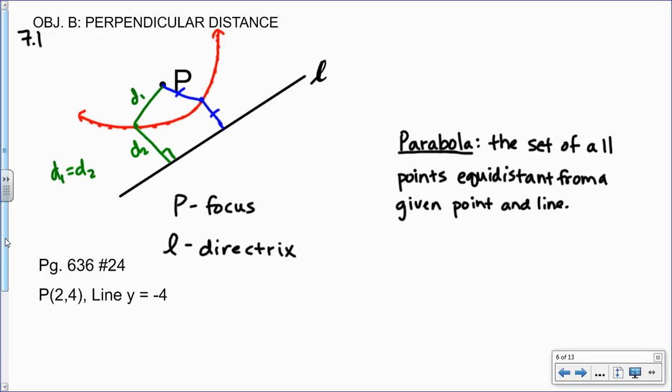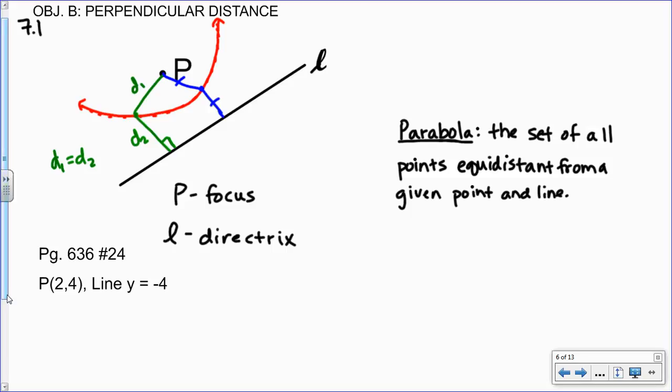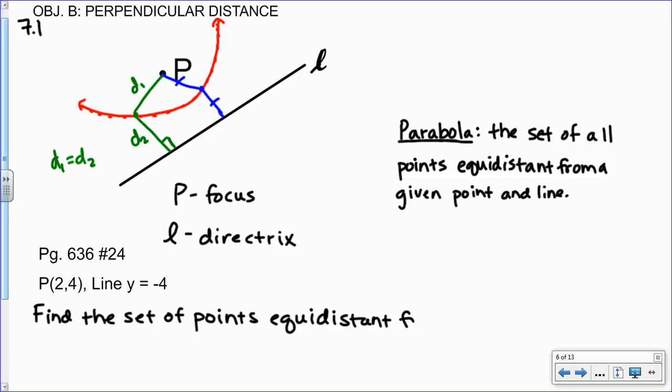All right, so what I want to do for this problem is find the set of points equidistant from the given point and line.